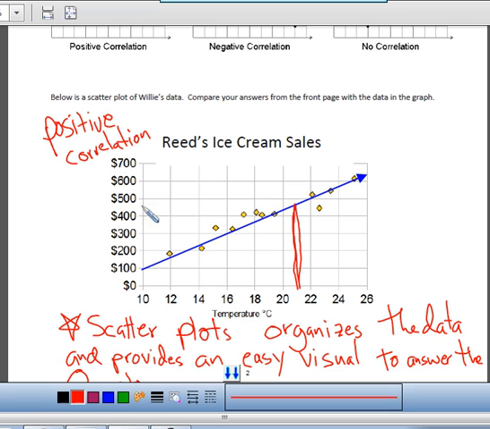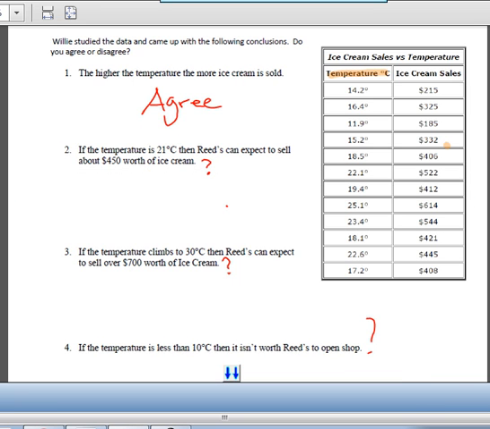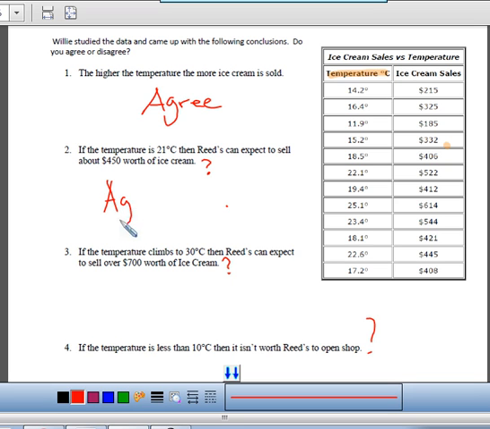And then when I go over from where this meets the line, it looks like it's at least $450, maybe a little bit more. So if I go back to that question, I would say I agree.